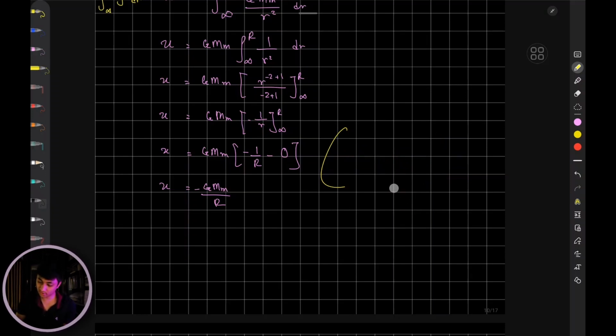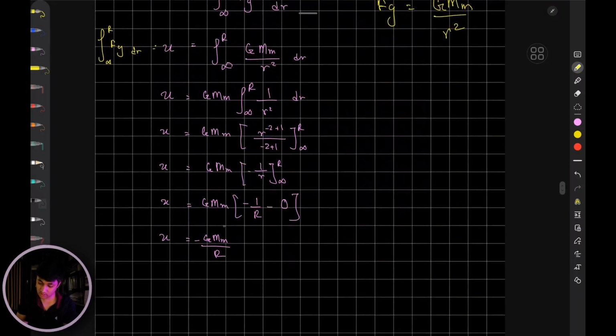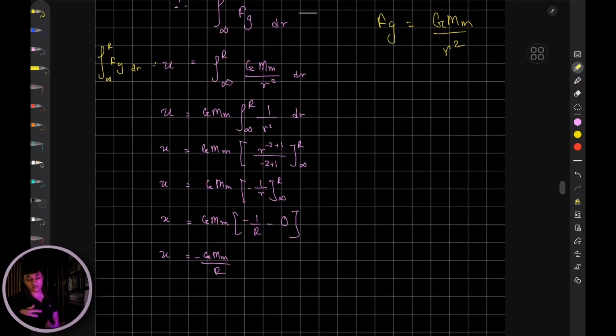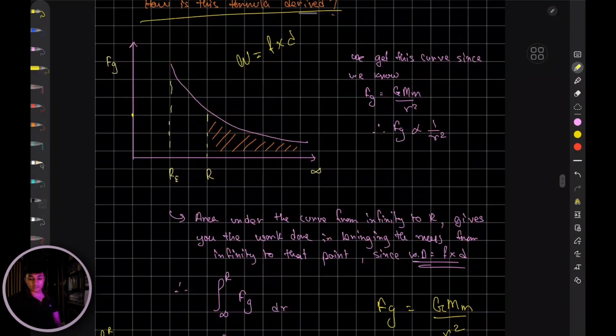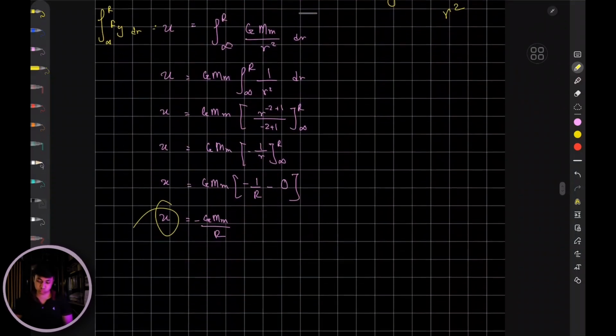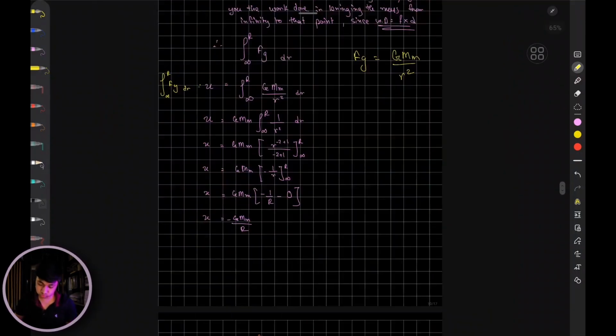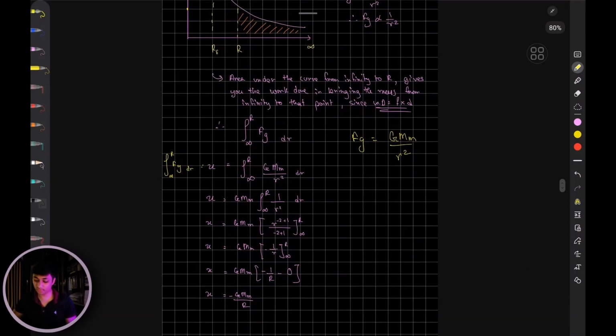So what you have over here is minus GMm by R. This is how you get the formula for gravitational potential energy. This is the work done bringing the object from infinity to a defined point R. So this is your formula for gravitational potential energy.